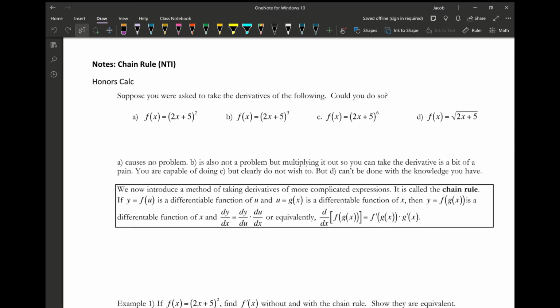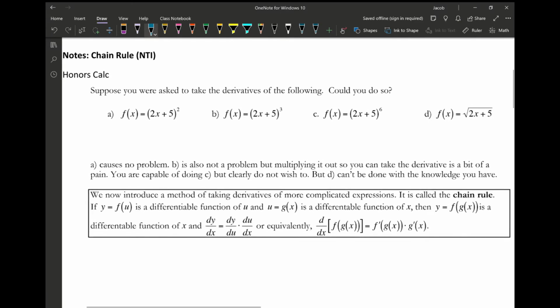So this is our last bit of derivative rules we'll look at, and I wanted to start off looking at the chain rule with different ways we could possibly take these derivatives without any new rule. If you were asked to take the derivative of a through d here, could you do that?